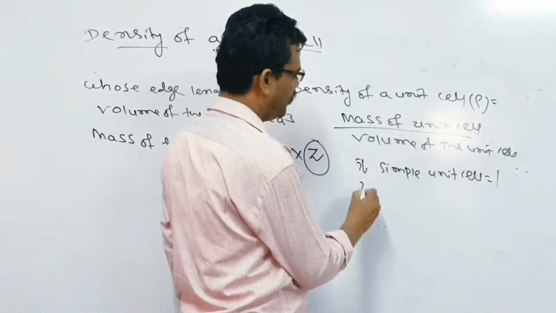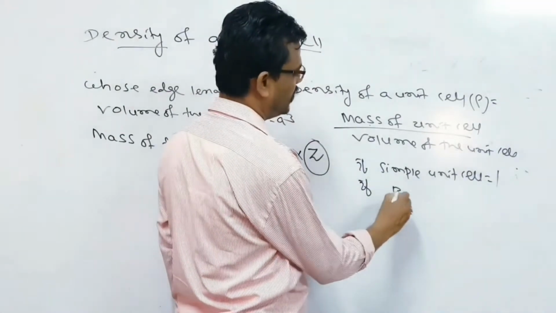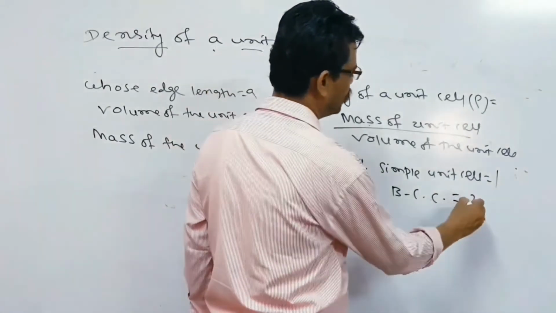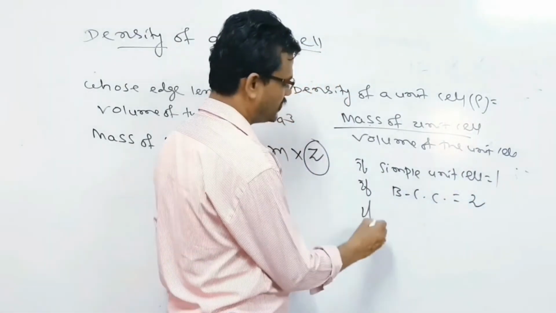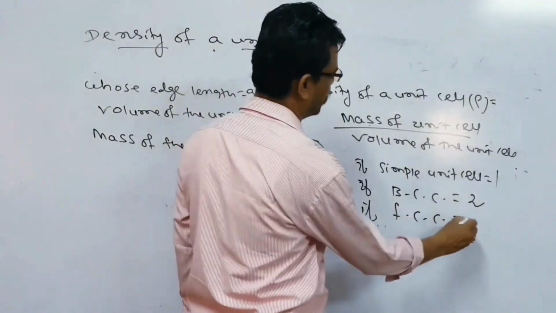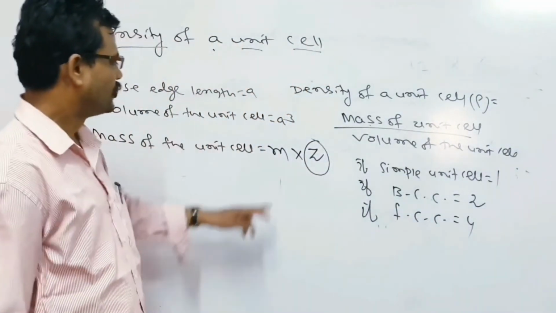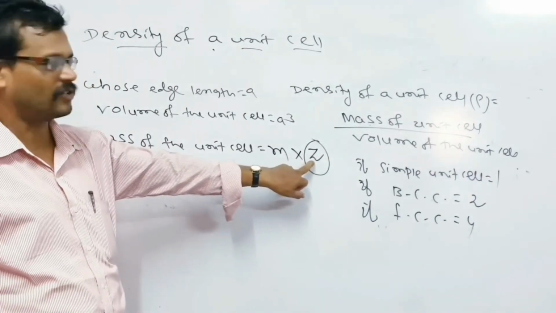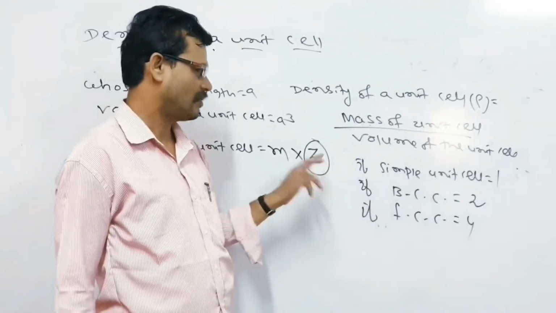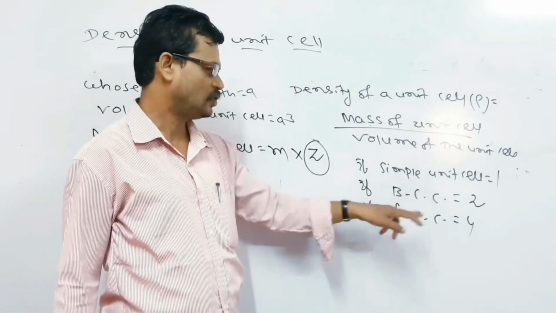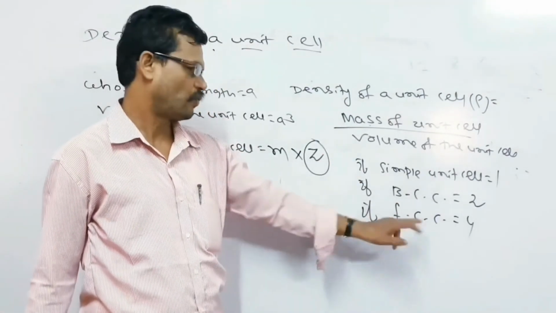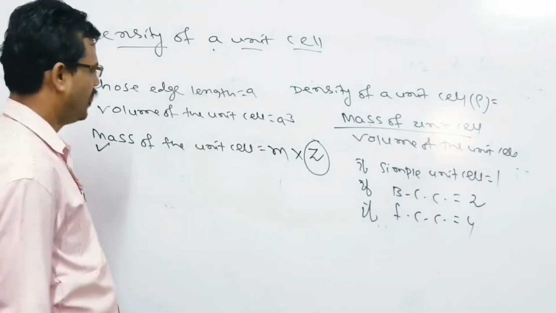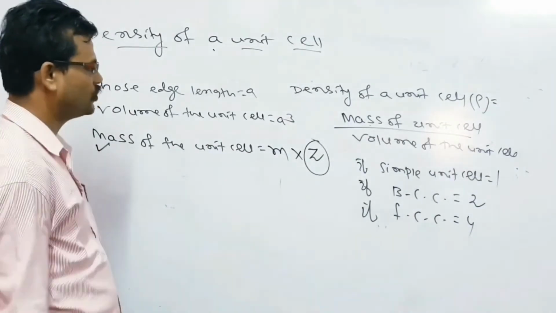If it is body centered, the number of atoms is 2. If it is face centered, we calculated that the value is 4. So the value of z differs depending on which kind of unit cell it is: simple 1, body centered 2, face centered 4. So the mass of the unit cell equals small m into z.